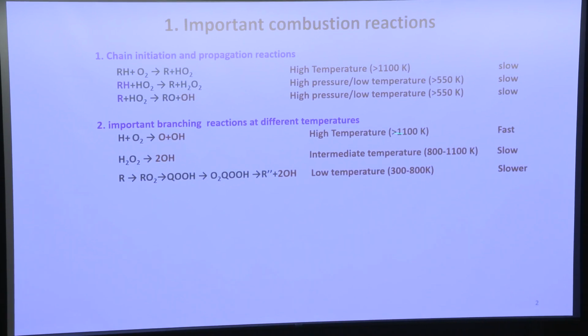This only happens fast if you're above 1100 Kelvin, depending on pressure. This next one happens between 800 and 1,000 Kelvin. And low temperature cool flame chemistry affects 300 to 800 Kelvin. They are fast, slow, slower, depending on the temperature.